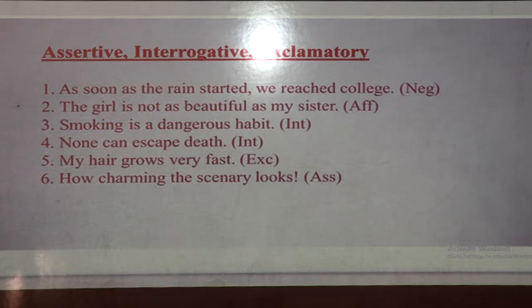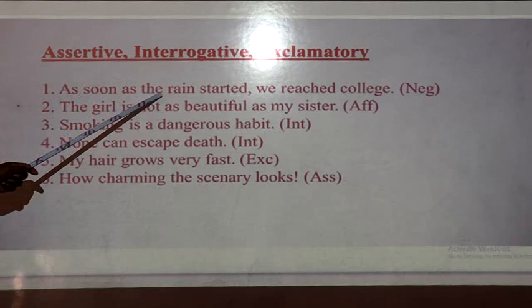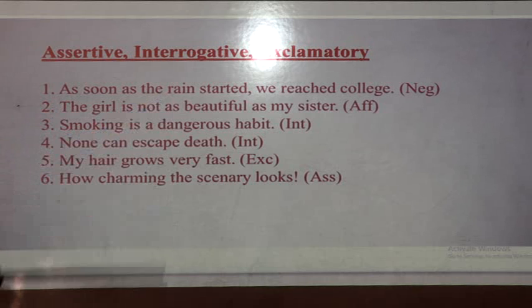So the complete sentence is no sooner had the rain started, then we reached college. It is negative sentence. In place of as soon as, if we use no sooner had, it will become negative sentence. Number 2, the girl is not as beautiful as my sister.